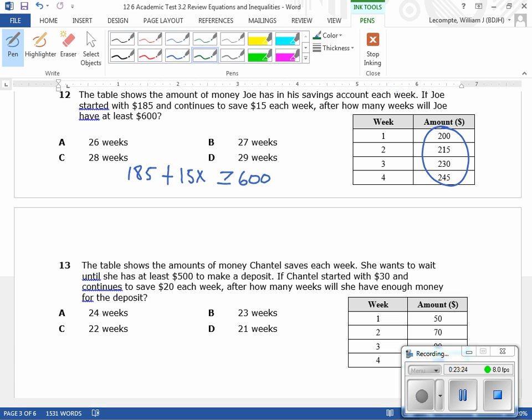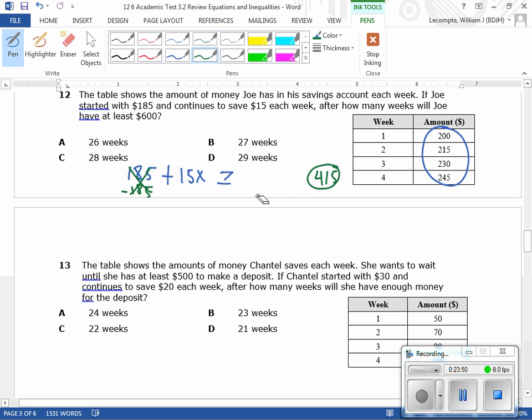And I get 600 minus 185, so $415. So this goes away and all this goes away. So now I have this inequality left: 15x is greater than or equal to 415.